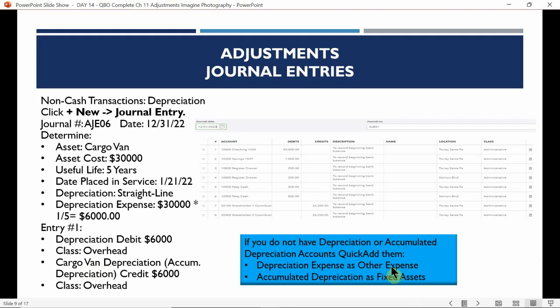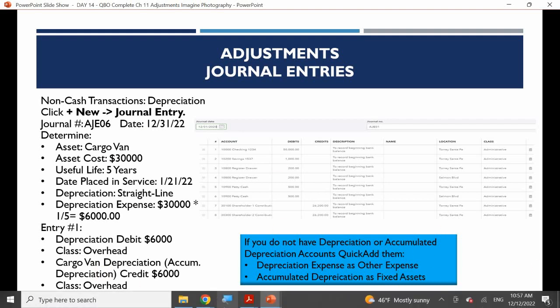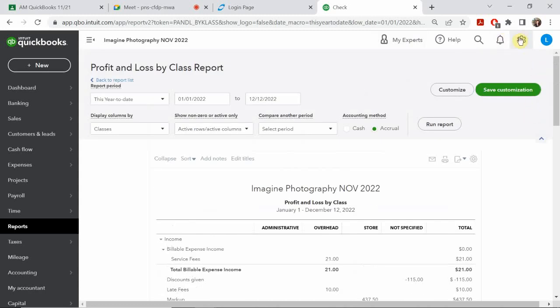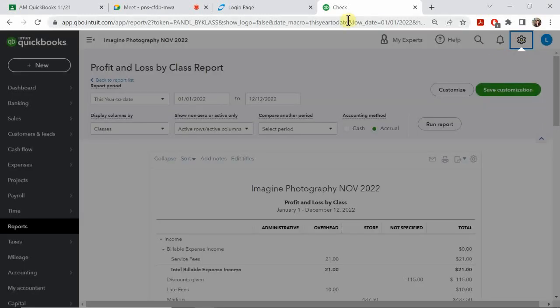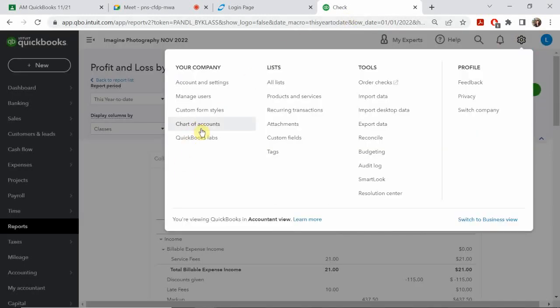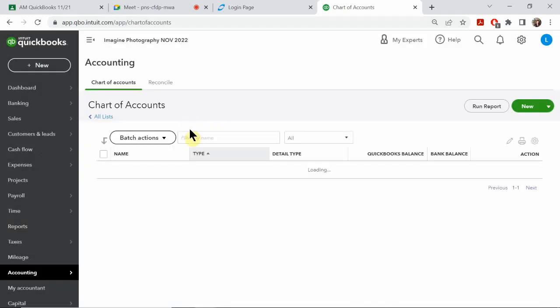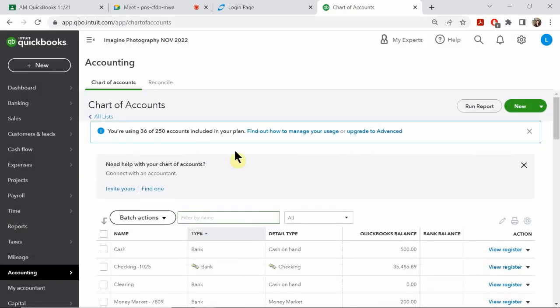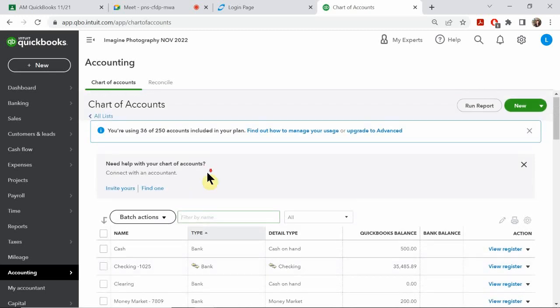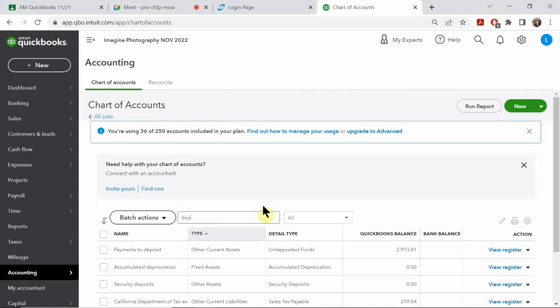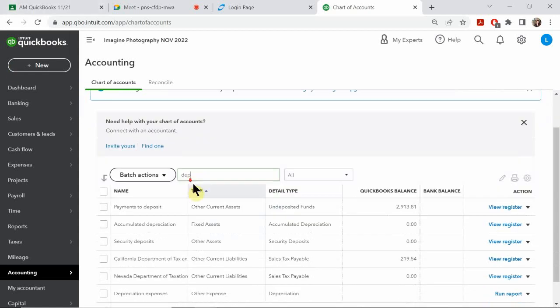So here are your instructions in case you don't have them. I'm going to verify whether I have those accounts or not. By going through my chart of accounts, I'm going to determine: do I have depreciation expense, yes or no? In this case, if you selected it when you set up the fixed asset, QuickBooks should have already generated that account for you.